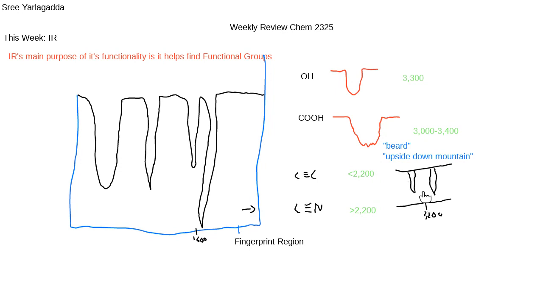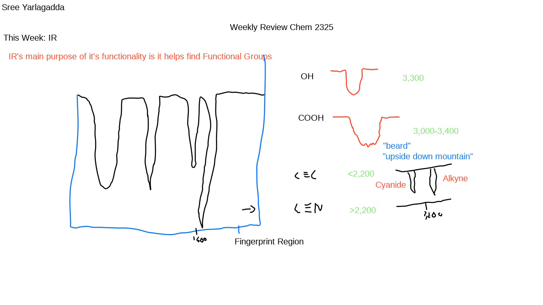Sometimes you have to visually see on the graph where it's located. So clearly you can see that one is below 2200, one is past 2200. So that should tell you which one's which. This is the alkyne. This is the cyanide. Okay.